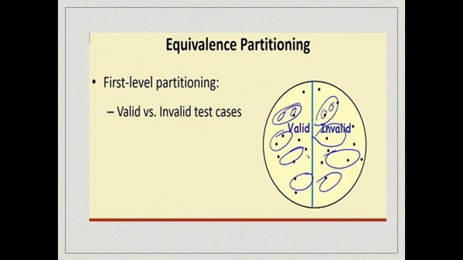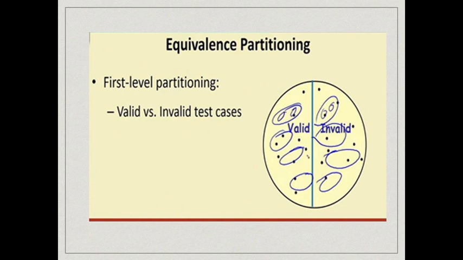So here the equivalence classes are easily identifiable from the output, but for any input data we always have two equivalence classes, one valid and one invalid, or there may be several invalid. So to start with, there is one valid equivalence class and another invalid equivalence class. We might have several invalid equivalence classes here which we might later identify, and also there may be several valid equivalence classes out of this.